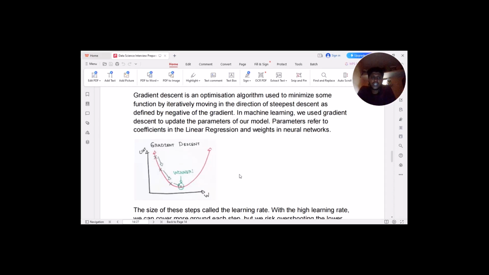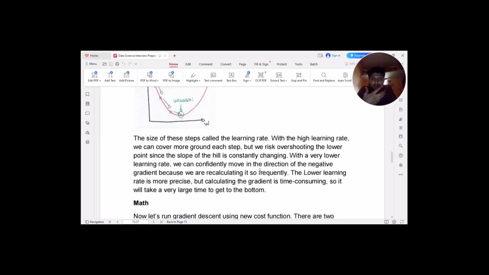In machine learning, we use gradient descent to update the parameters of our model. Parameters refer to the coefficients in linear regression and the weights in neural networks. The size of these steps is the learning rate.